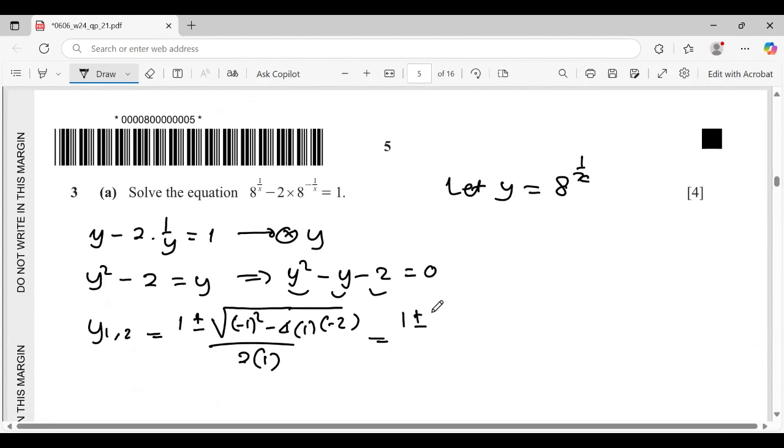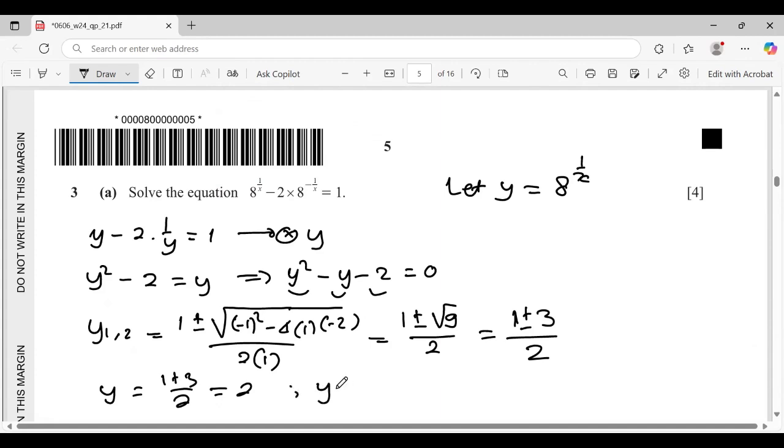So 1 plus or minus the square root of 1 plus 8, which is 9. 1 plus or minus 3. So y1 equals 1 plus 3 over 2, which is 2, and y2 equals 1 minus 3 over 2, which is minus 1.